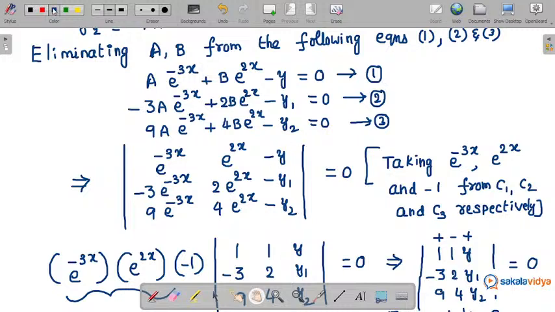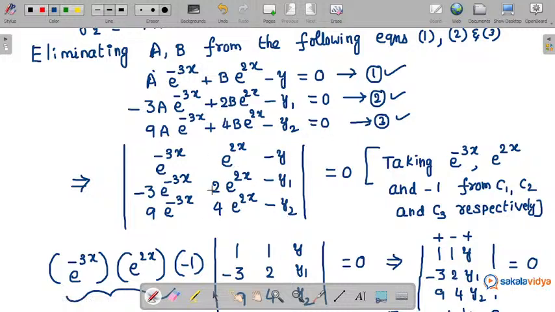Similarly equation 2 and equation 3. Now write down the a coefficients in column 1: e power minus 3x, minus 3 into e power minus 3x, 9 into e power minus 3x. In column 2 the b coefficients from equations 1, 2, 3, similarly, and also minus y, minus y1, minus y2.